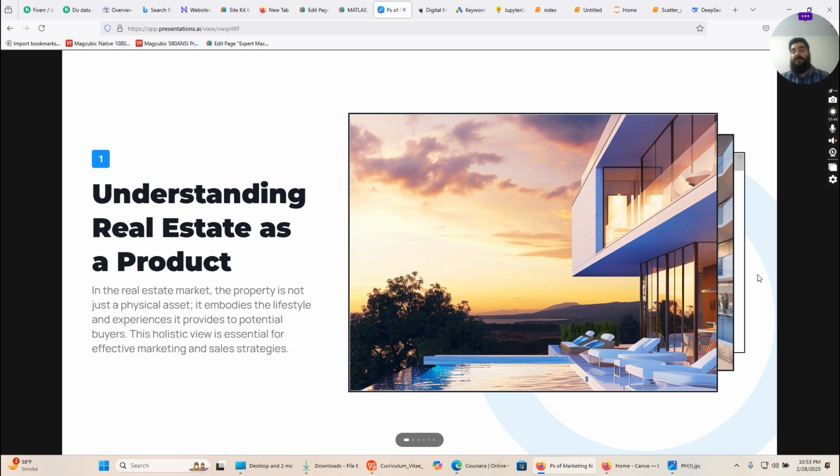So here's the thing: when a customer is buying a property from you, or comes to you to seek some properties, he is not just looking for the property as a physical asset. He's actually looking for an experience. That experience could be luxurious. That experience could be having a beautiful view through his windows and so on.